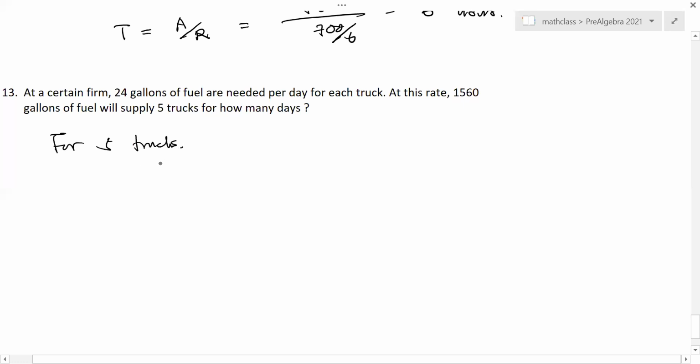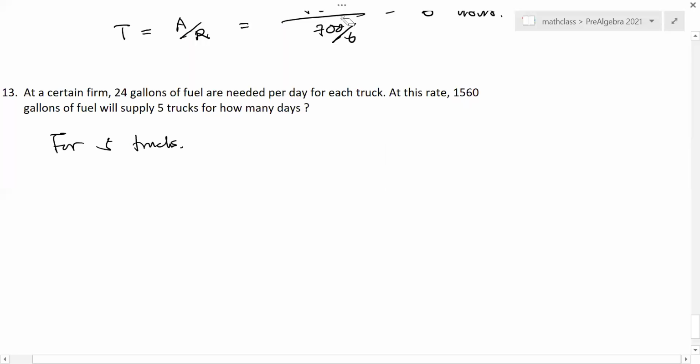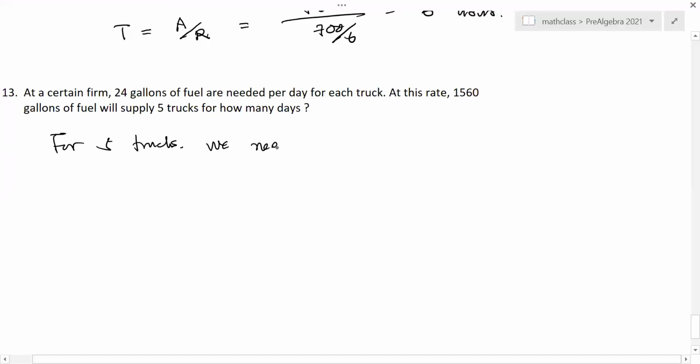For 5 trucks, we need 24 times 5 gallons per day. That's a new rate, right?